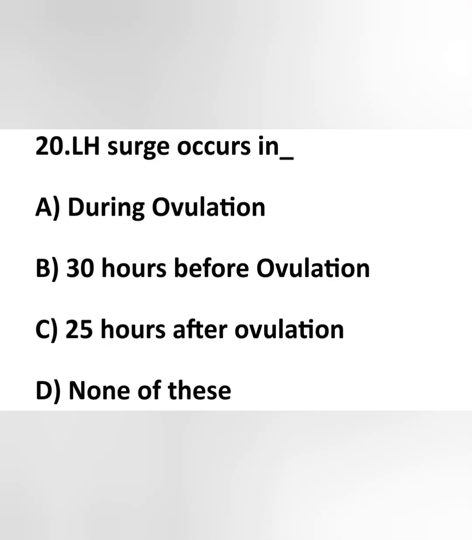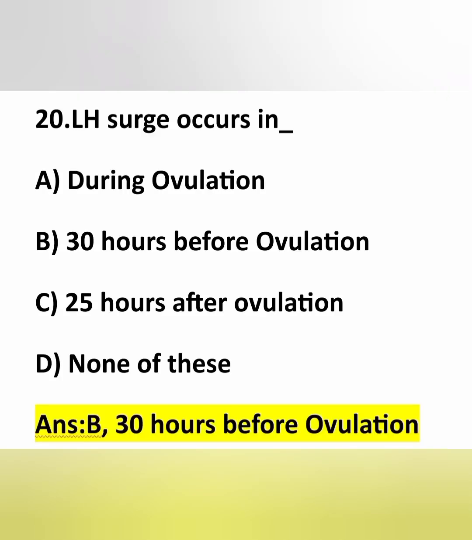Question number 20. LH surge occurs in: option A during ovulation, option B 30 hours before ovulation, option C 25 hours after ovulation and option D none of these. The question is when the LH surge occurs. First we have to know what an LH surge is. LH means luteinizing hormone.